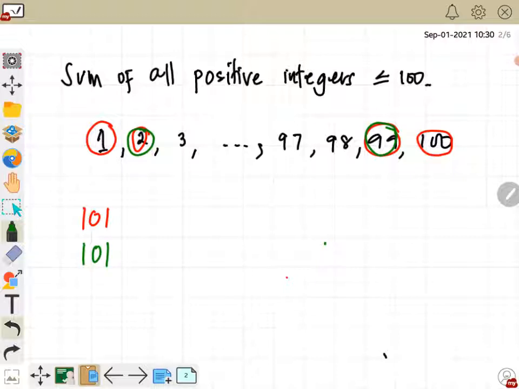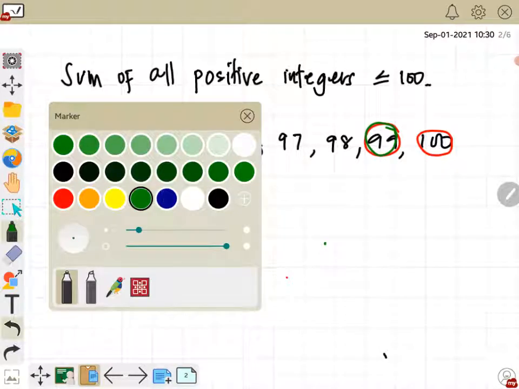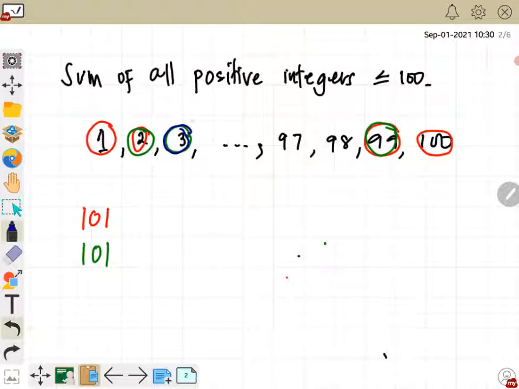This one as well gives us 101. So it's like saying that to get the sum of this, how many pairs of 101 do we have? How many pairs that make up 101 do we have from 1 to 100?